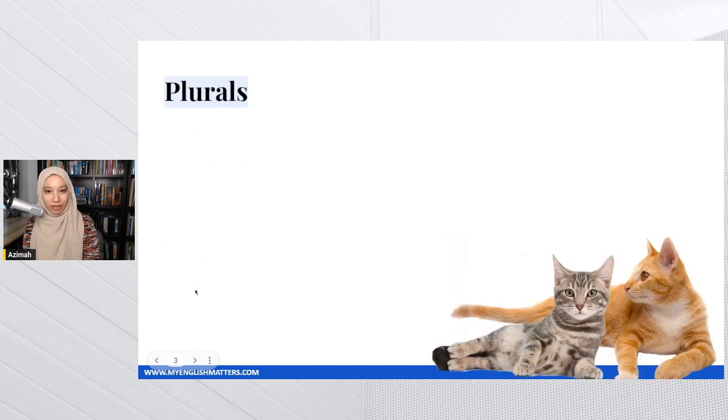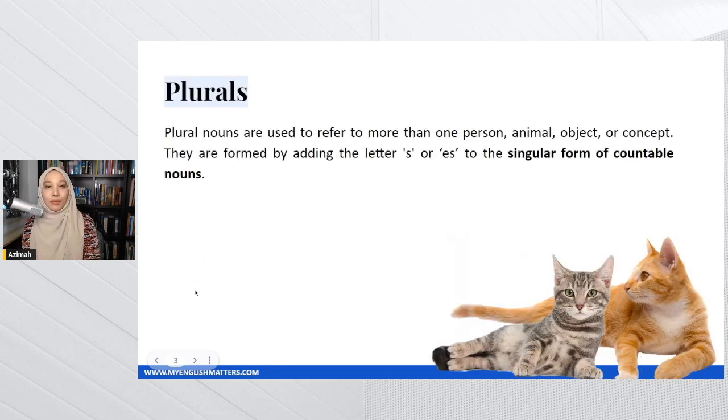Okay, so plurals. Plural nouns are used to refer to more than one person, animal, object, or concept. In English, we do this by adding the letter S or ES to the singular form of countable nouns. So you have to be careful with your spelling.